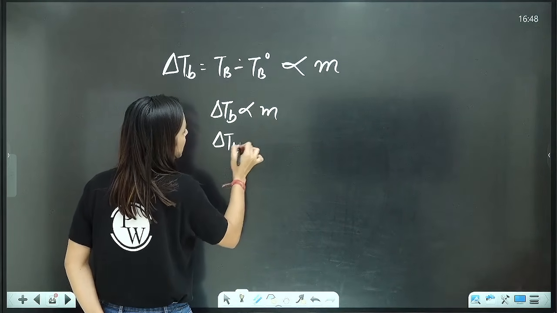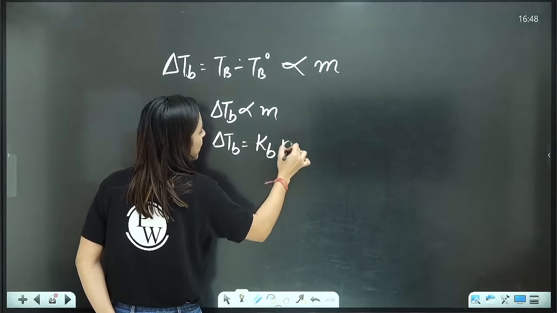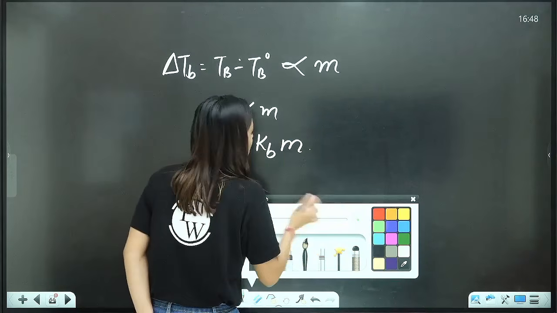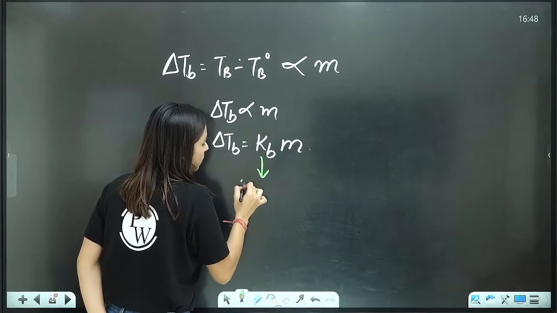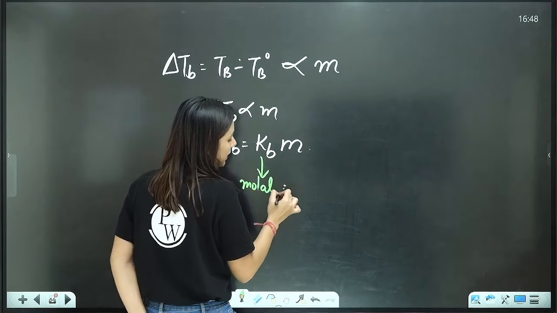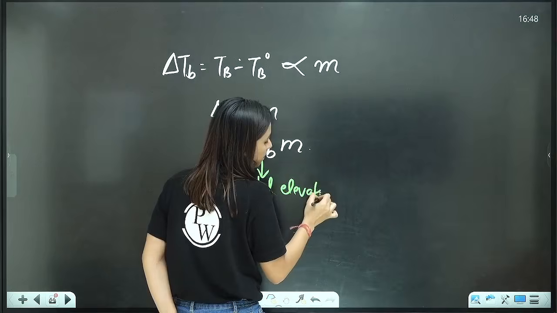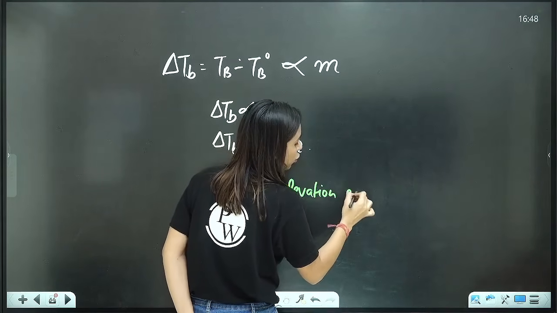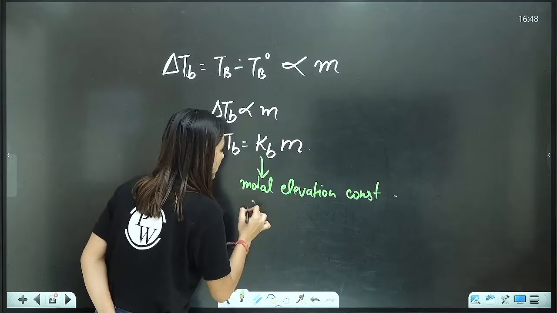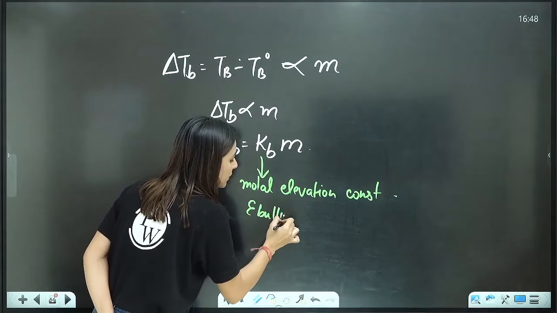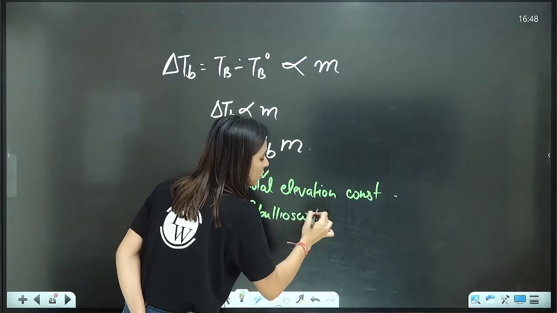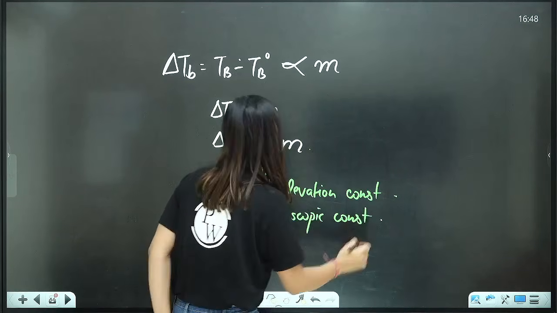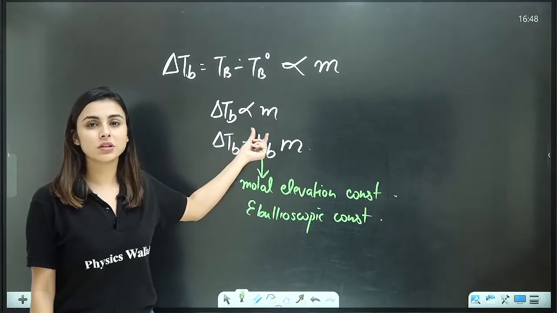Delta TB is equal to Kb into m, where this Kb is the molal elevation constant, or it is also known as the ebullioscopic constant, and this is specific for all the solvents.